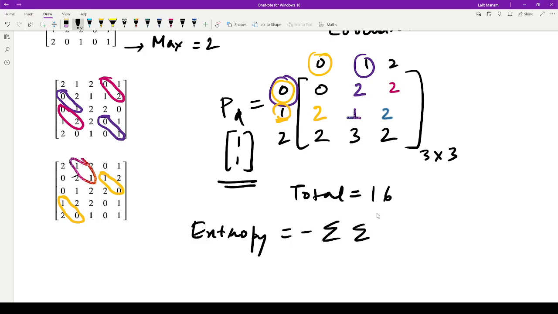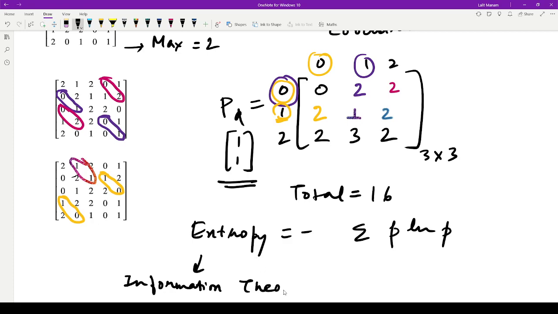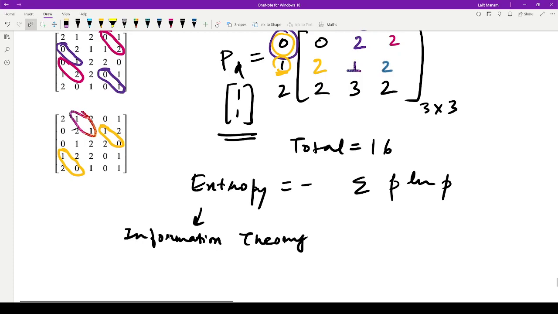So minus p ln p is the usual definition of entropy. This is coming from information theory, which is a subject some of you have read if you have taken ECE as your major in bachelor's. Even in master's you do it, it's fine.